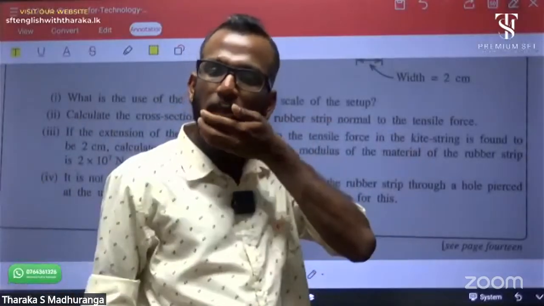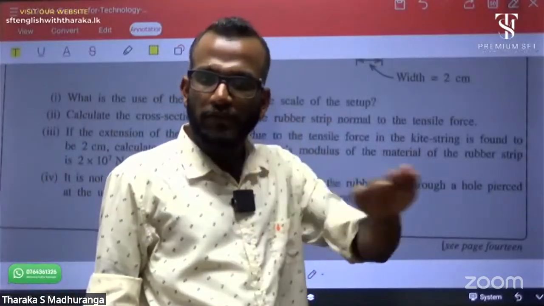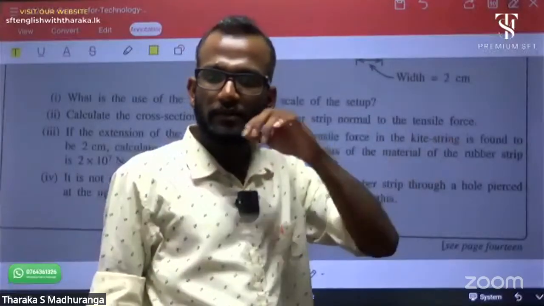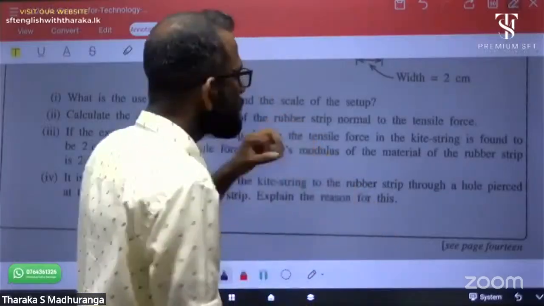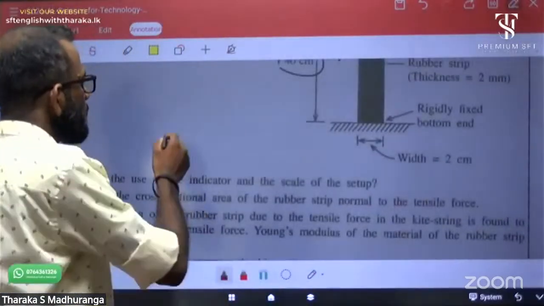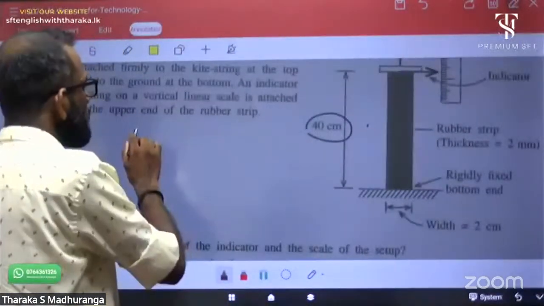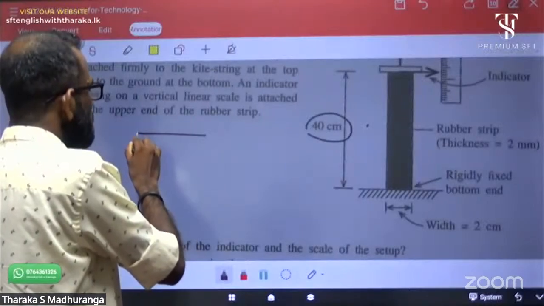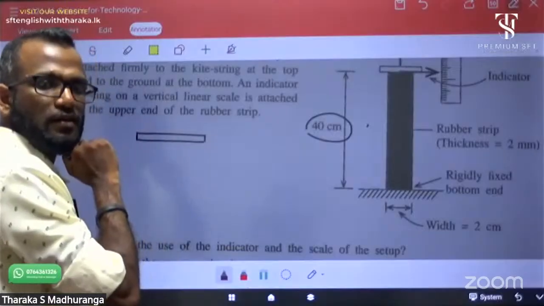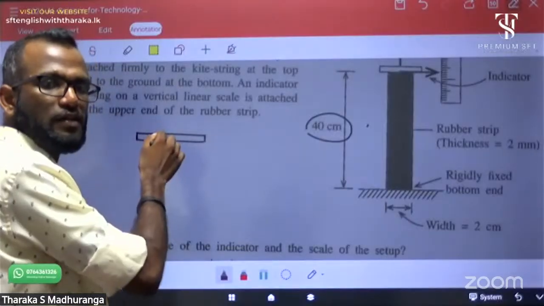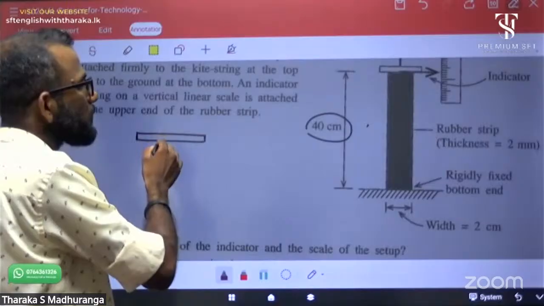Take the cross-section of the rubber strip. Yeah, it is a rectangle like this. This is a cross-section. What is this length?